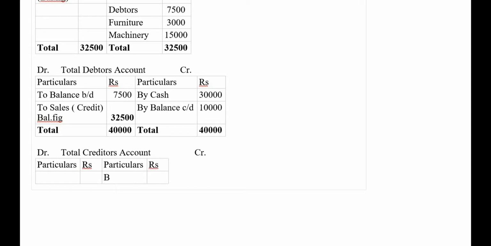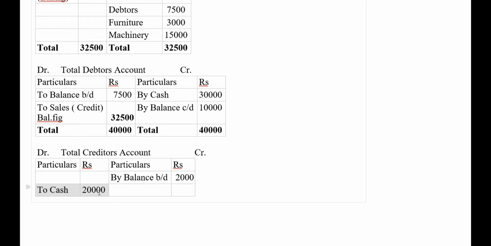So it will start with the opening credit balance. So by balance brought down, the opening balance of the creditors is given as rupees 2,000. Then when the payment is made to creditors, total creditors goes to cash account. So how much is paid? 20,000. Let me write down this here.